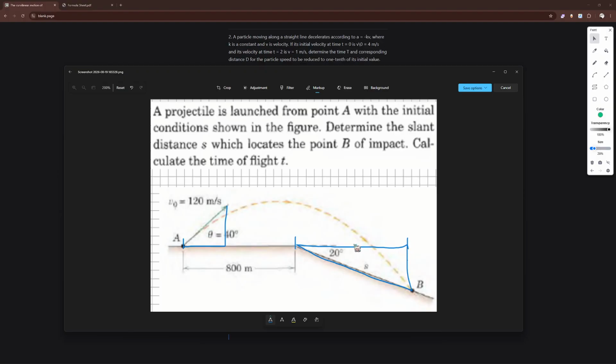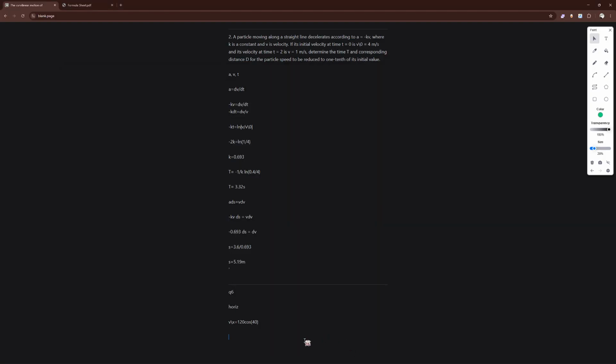So we also need to get this here, which is S, adjacent, so cosine of 20 is our distance from here to here, and the velocity stays equal. So with that, I'm going to use X equals X naught plus vxt.